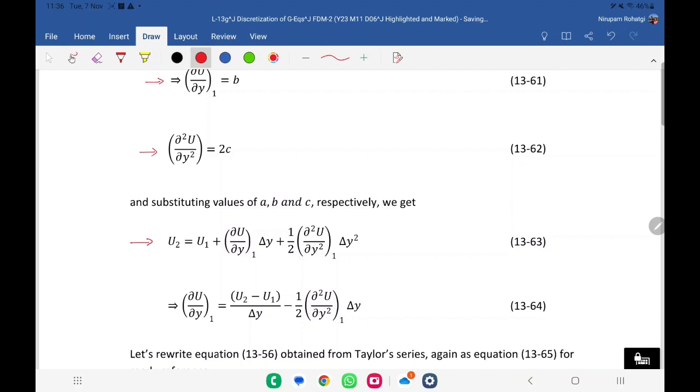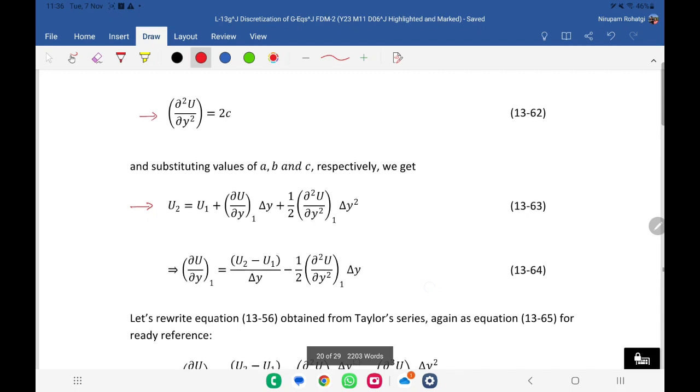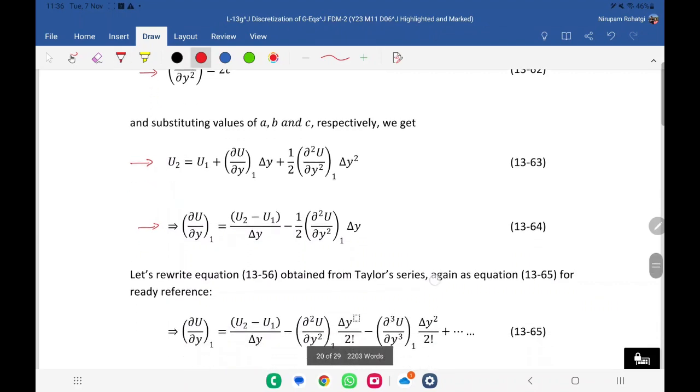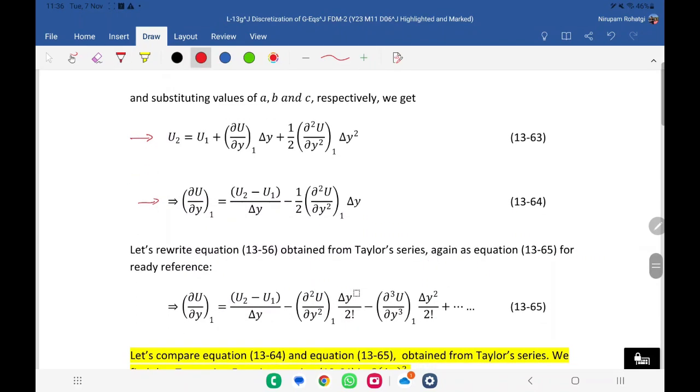This is the equation which you got from Taylor series, truncated series. Okay, now from there you get del u1 is equal to this much. Okay, now let's rewrite this equation obtained from Taylor series again.